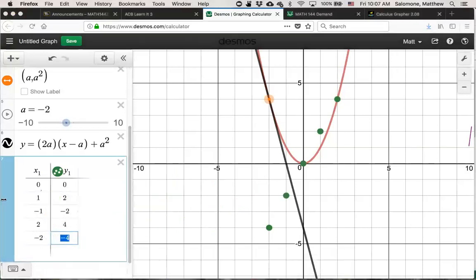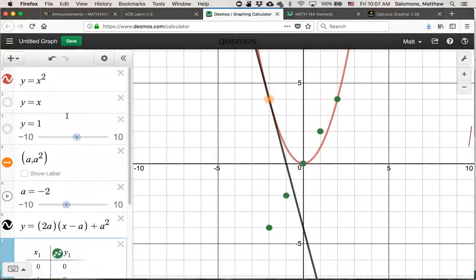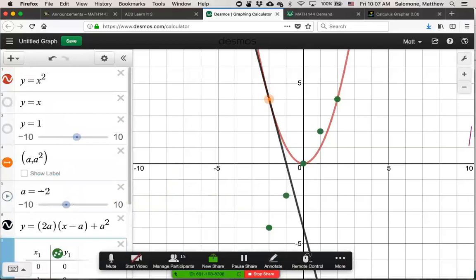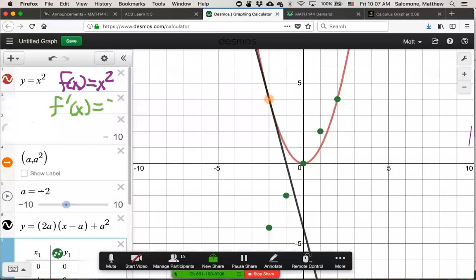And it turns out that it is indeed true that at the level of formulas, if I take the derivative of the function y equals x squared, so if f of x is equal to x squared, then the derivative f prime of x is equal to 2x.